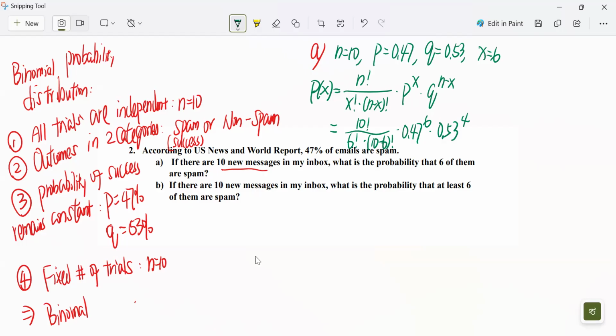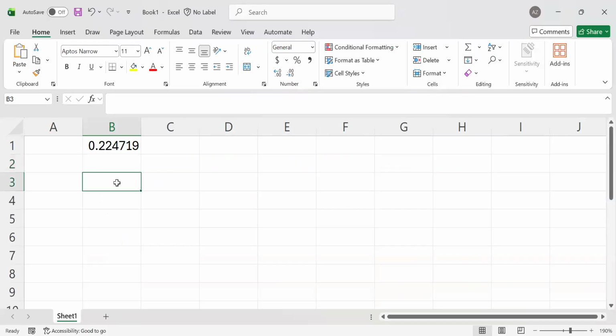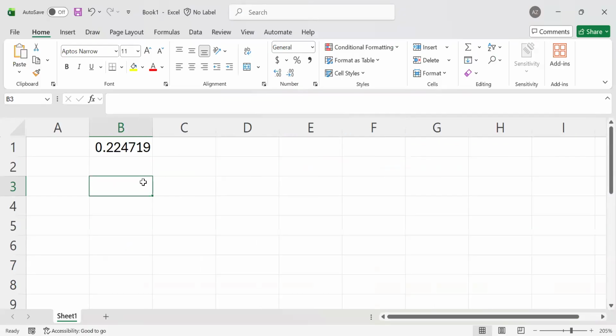Let me show you the result in Excel. It's going to be 10 factorial divided by 6 factorial times 4 factorial.